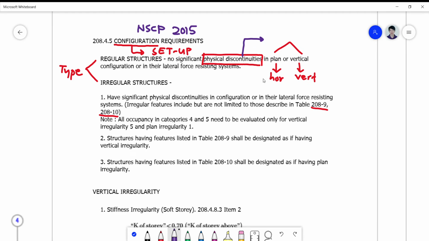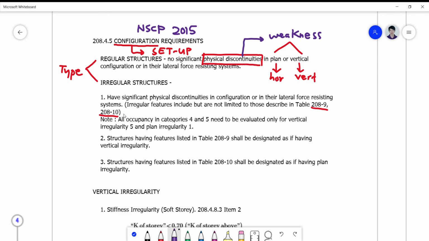Okay, so discontinuity will create weakness to your structure. So if there is any physical discontinuity, then the structure will be irregular. And for the irregularity consideration, we have to find out what particular irregularity is manifested in the setup or configuration of your structure.